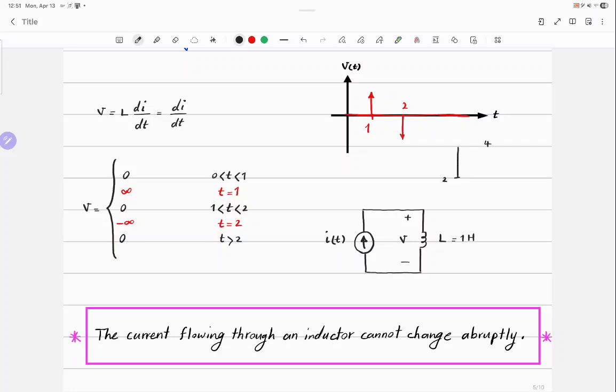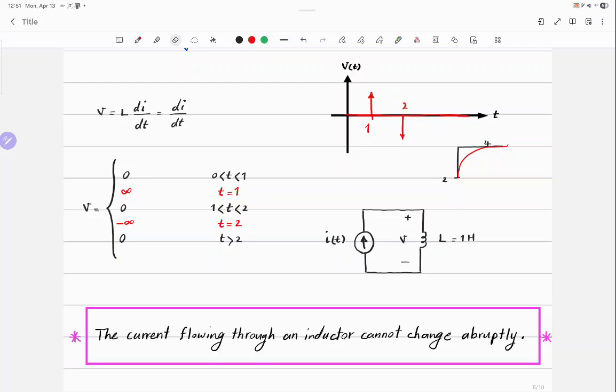So imagine that this is your current source. This is how your inductor responds to it. So quick, but not immediately. There's nothing immediate in inductors or capacitors, as you will see next lecture. They store and they have delay.